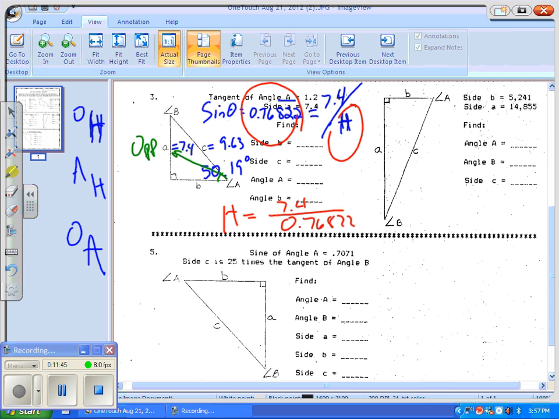Now, if that's true, and it is, then I just used the sine, right? And what am I still looking for? I'm looking for my side adjacent, right? So what function would I use? One where I have something I have and something I'm looking for. The cosine. Let's use the cosine of this angle.